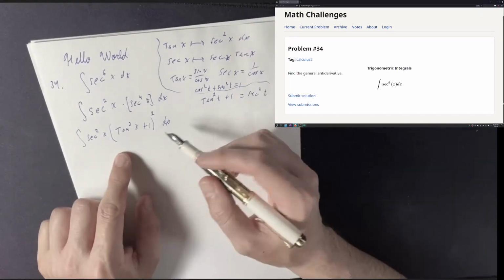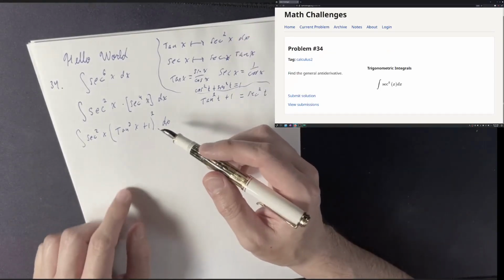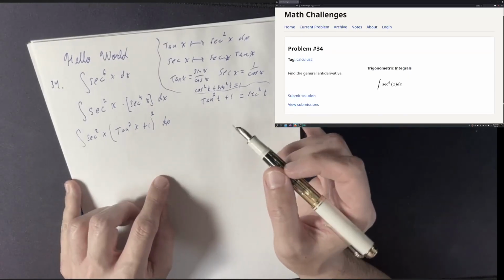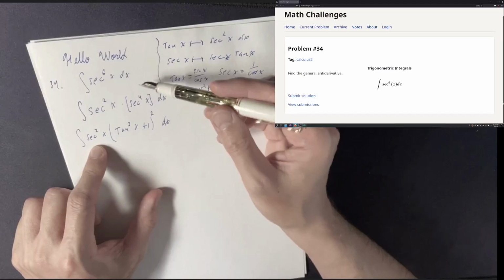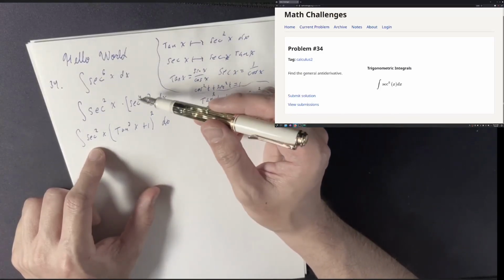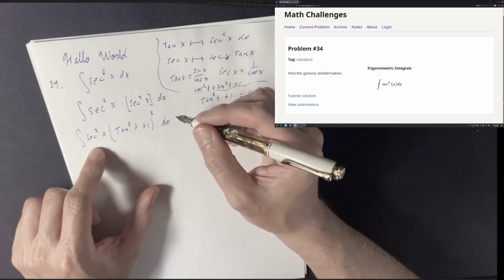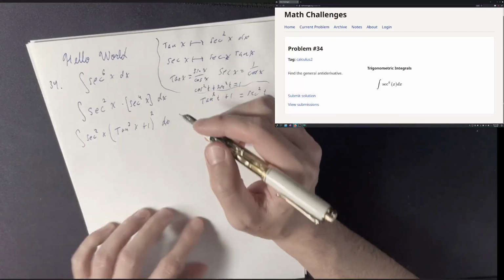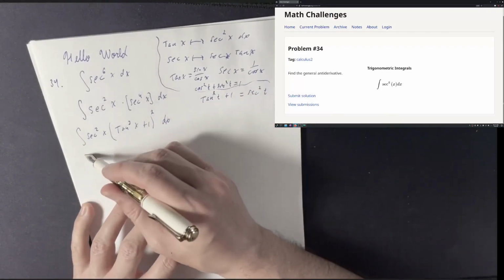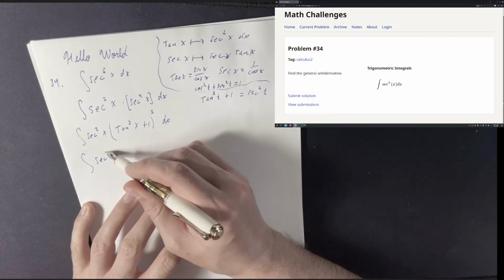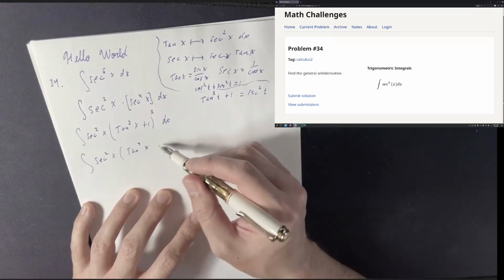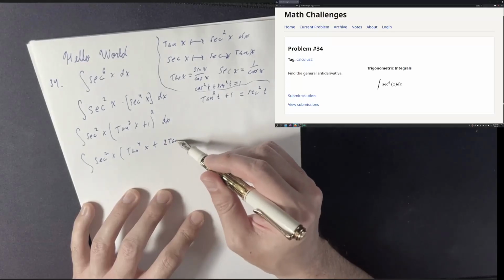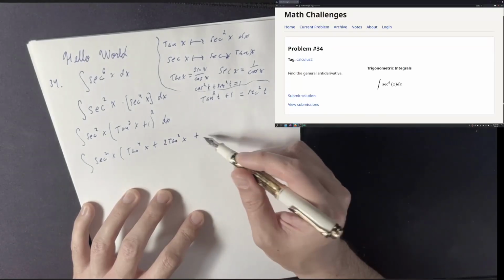It's funny, I probably did this like a week ago, but I don't recall. I'm also hesitant because I'm wondering if there's a smoother way to do this. But anyway, we'll poke at it, see if I did it wrong already. So we're looking at tangent to the fourth plus 2 tangent squared plus 1.